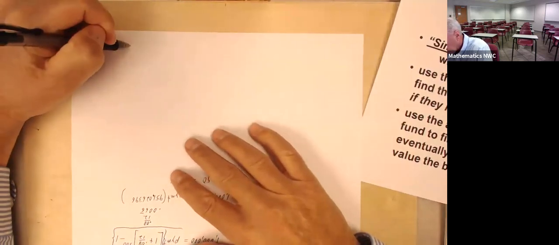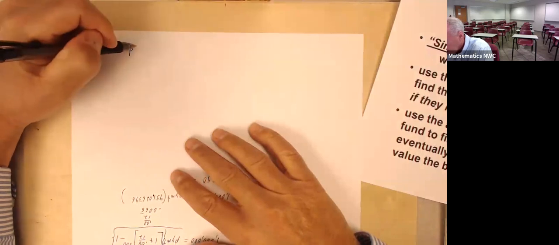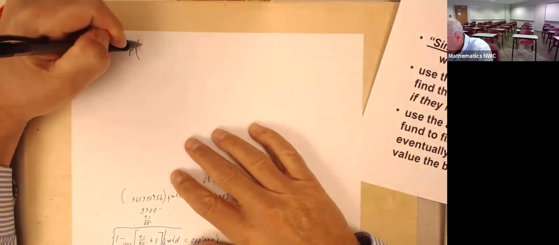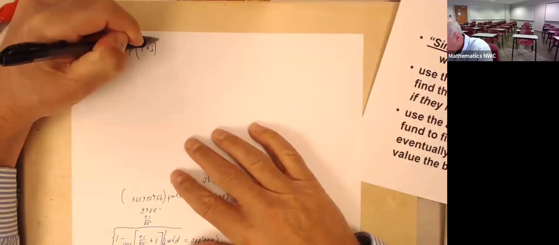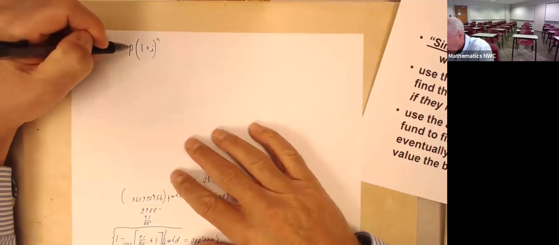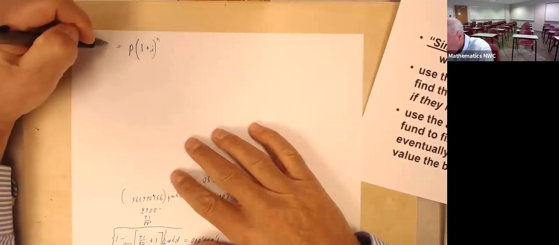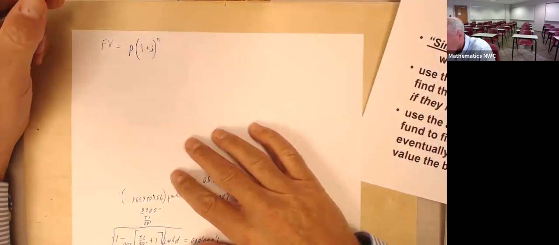The bank had a principal of $150,000. I'm just making up that number. The bank could have invested that in a compound interest formula. They would have taken that 150, plugged it into this formula, and it would have gotten them a future value of the 150,000.